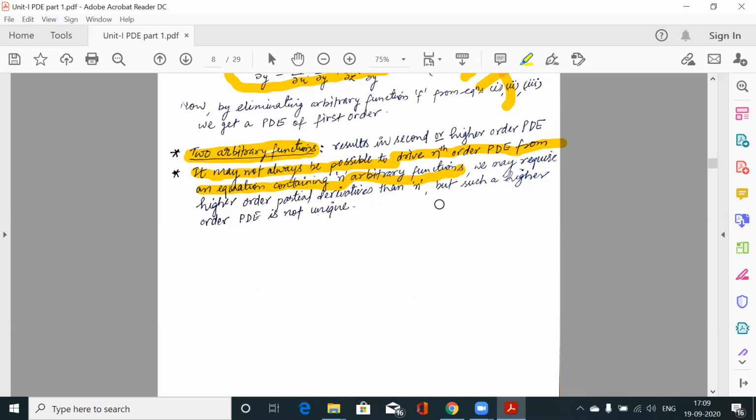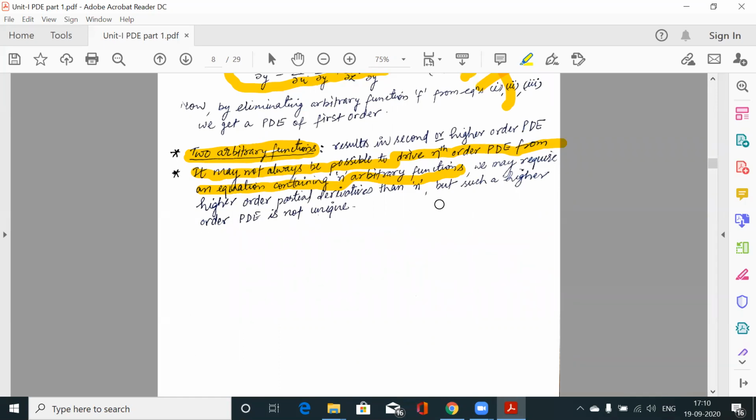It is the same concept which we studied in the case of elimination of arbitrary constants. There also, if the arbitrary constants and the independent variables are equal in number, first we try to eliminate the arbitrary constants from the first order derivatives, and if the elimination is not possible, then we move to the higher order derivatives. But in that case the PDE would not be unique.